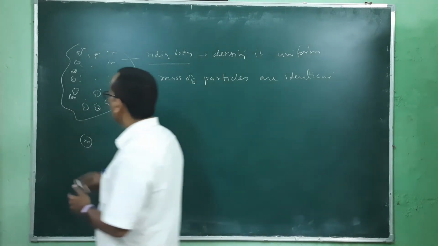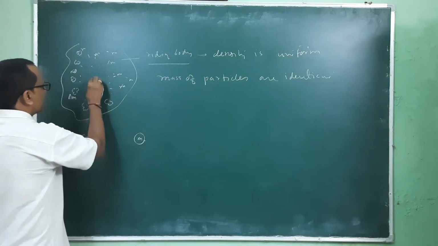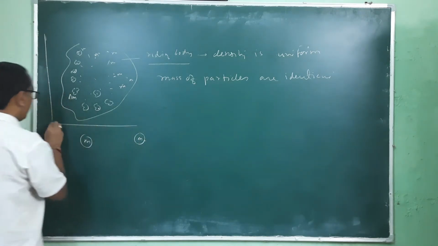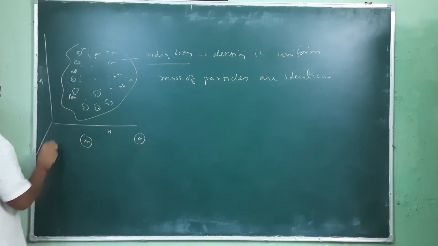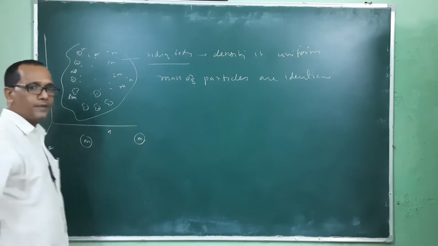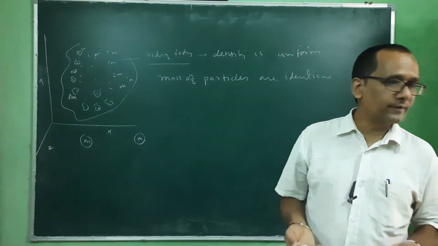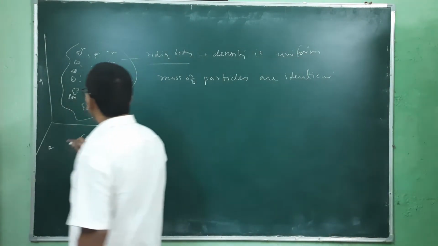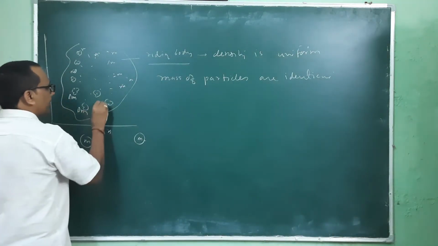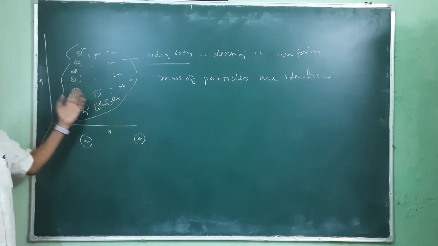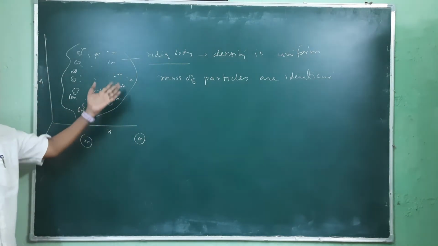The position is the position of this part from some origin, with coordinates x, y, z. So the position along the x-axis is x1, x2, x3, x4, and each part is of mass delta m, but the coordinates are different.